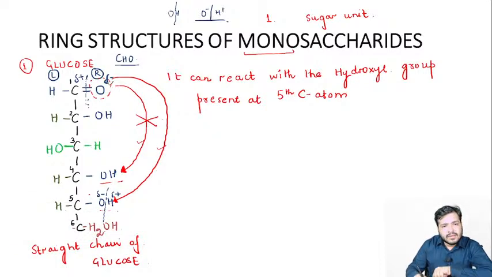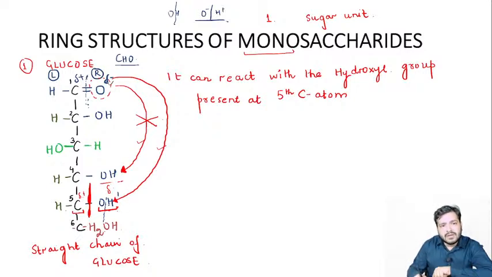See, now suppose this particular bond between the carbon and the hydrogen is broken, which will be more negative? The OH group will be more negative. You already know the OH group will be more negative, and the carbon over here will be more positive.